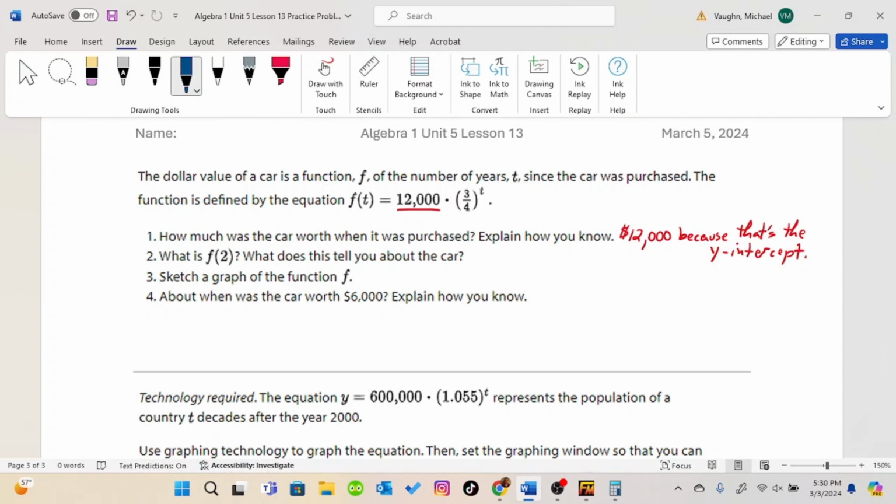Number 2. What is f of 2? What does this tell you about the car?